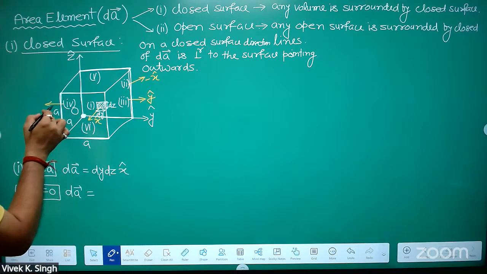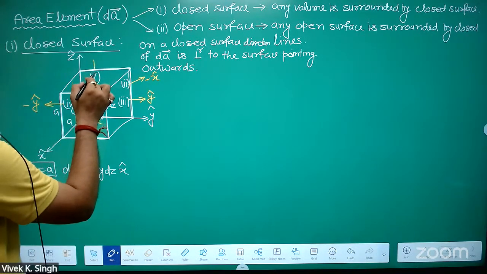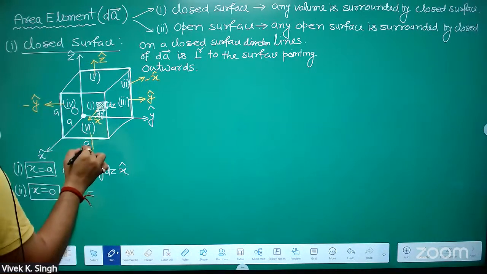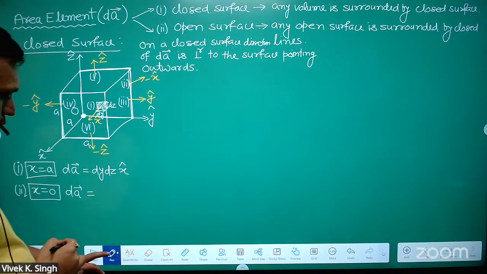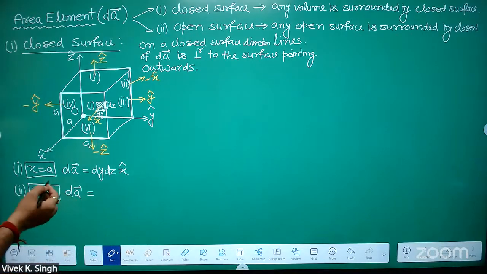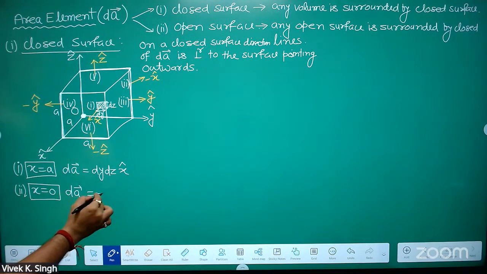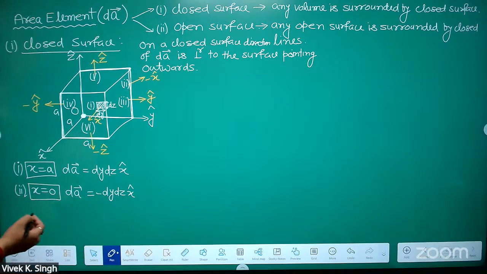Surface 4, surface 5, surface 6, the same way. So you know direction and magnitude, because when x is fixed, the variables will be dy dz. So this is minus dy dz x cap. In the same way, you can write on other surfaces also.